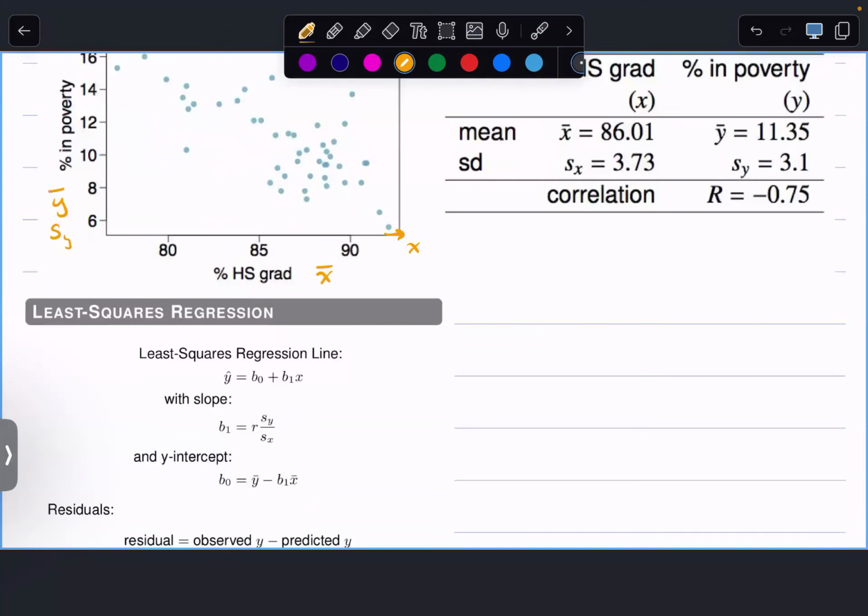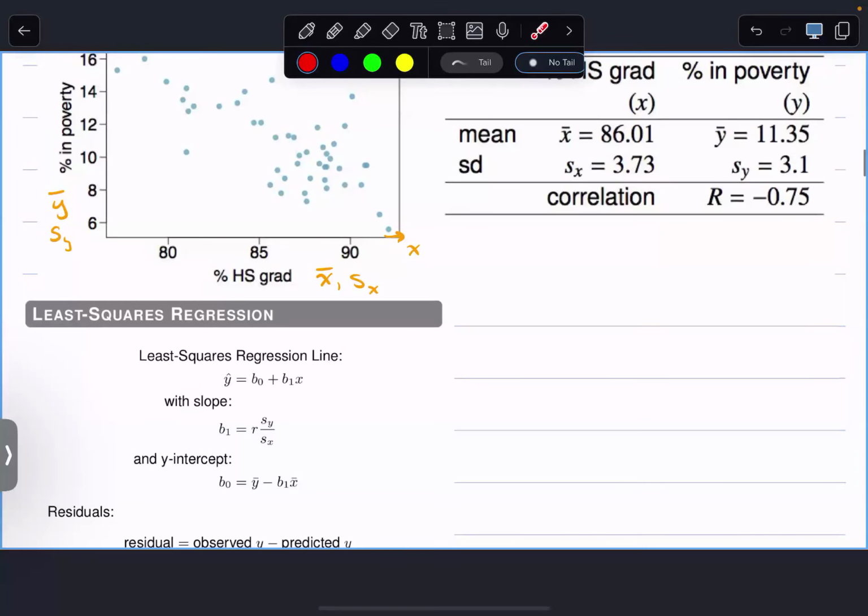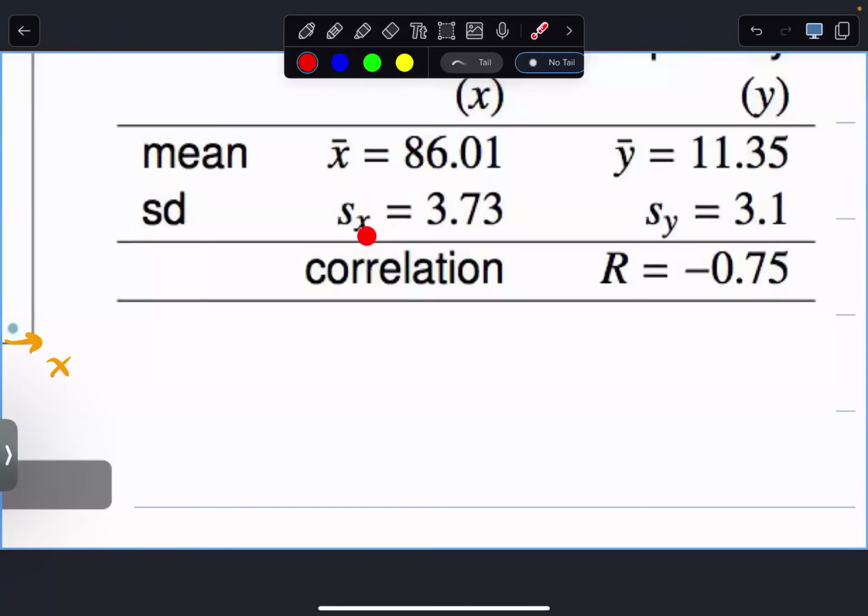I can calculate the average of percentage of high school grads across the states, and I can calculate the standard deviation of the high school grads. And so I use these little subscripts only to denote that one is the standard deviation of X and the other is the standard deviation of Y. That throws people off when they see this. They think SX must be something different, but it is just the standard deviation of X, standard deviation of Y.